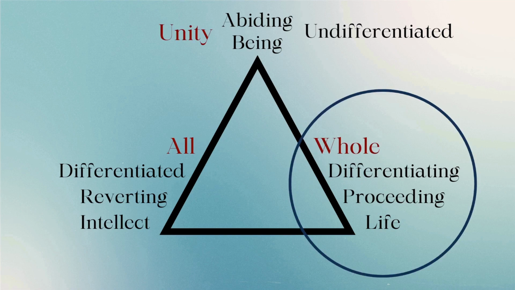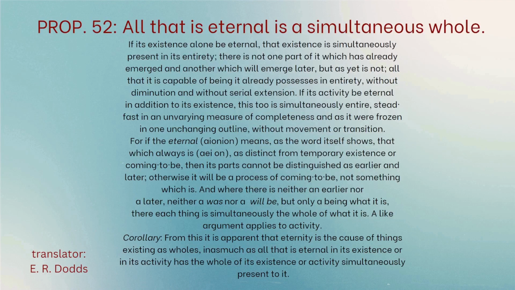So basically, we refer to the whole when we are talking about that middle term in its singularity of power. Such as Proclus did in Proposition 52 of his Elements of Theology, which reads, "All that is eternal is a simultaneous whole."